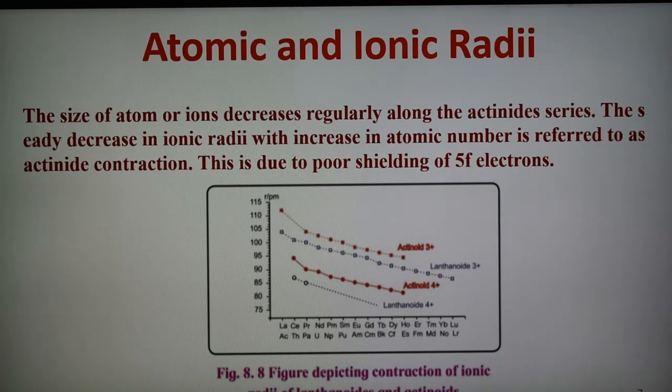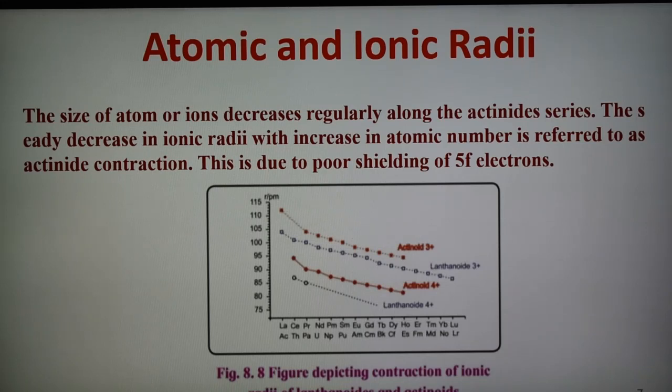The size of actinide ions decreases regularly along the actinide series. This is because with the increase of atomic number, the extra charge on the nucleus is poorly screened by the 5f electrons, and therefore this decrease in ionic radii is known as actinide contraction.